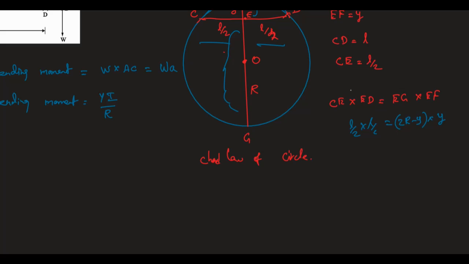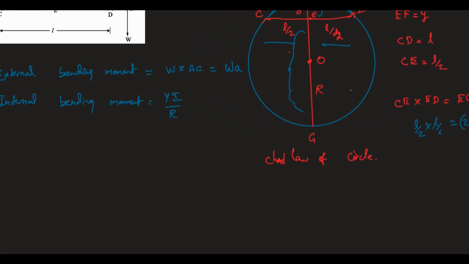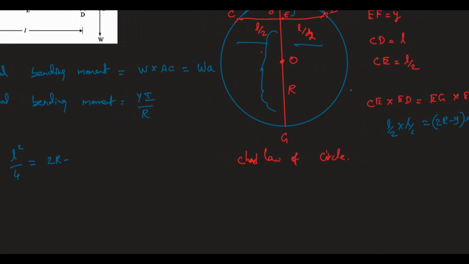So let's bring this equation here: L square by 4, because L by 2 into L by 2 is L square by 4, equals 2R minus Y into Y. Just do some algebra: 2RY minus Y square.